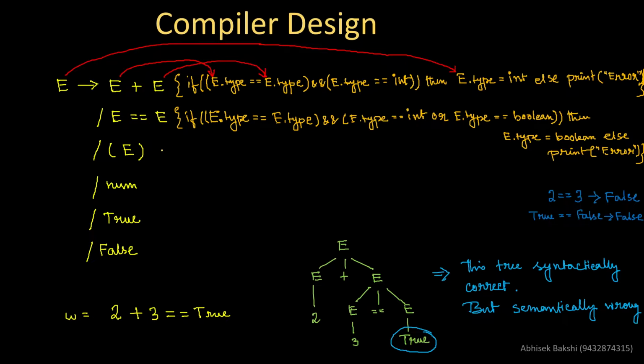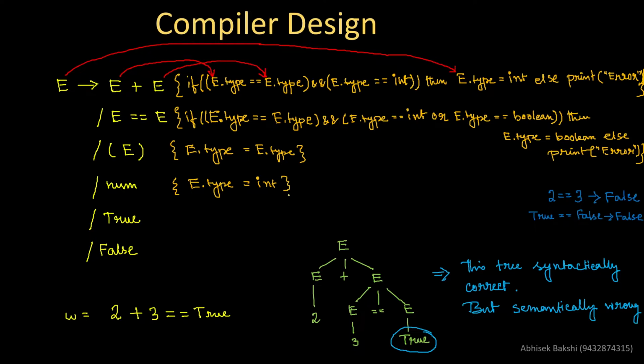Now from the third, fourth onward is very easy, because there is nothing to do, it's just a bracket. So e.type should be equal to e.type; the type should match. In the case of num, this e.type should be integer.